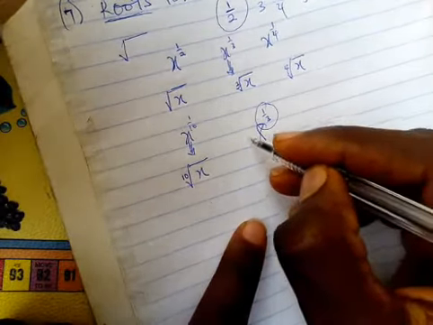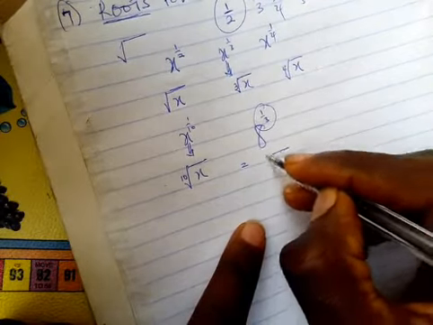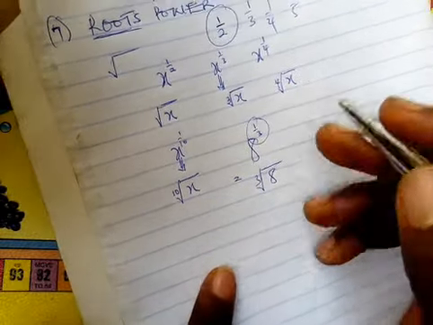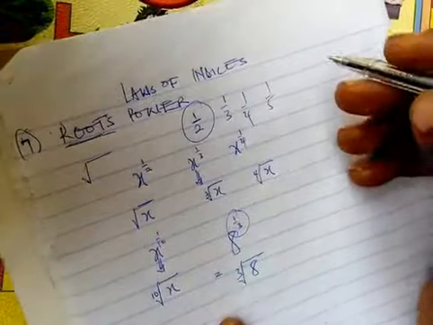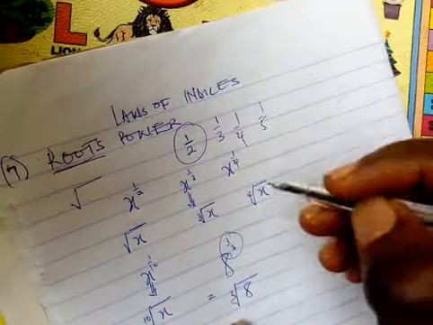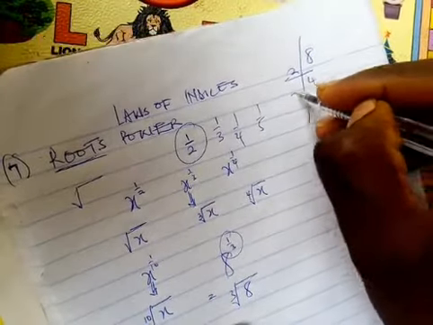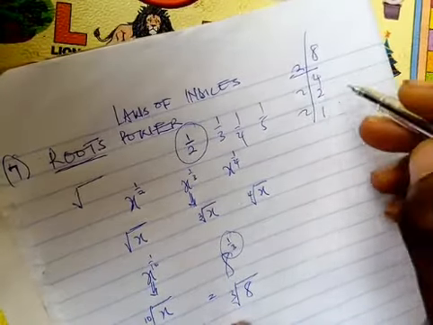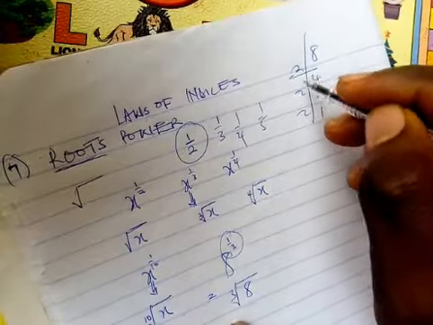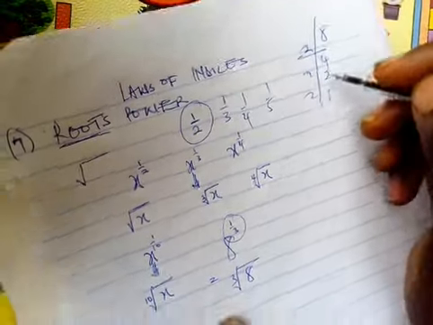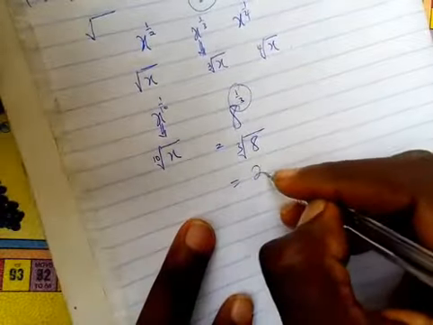So you express this as the third root of 8. Let's break it down. 2 into 8 is 4, 2 into 4 is 2, 2 into 2 will give you 1. So we have 2 times 2 times 2; 2 times 2 is 4, 4 times 2 will give you 8. In other words, the answer here is 2.